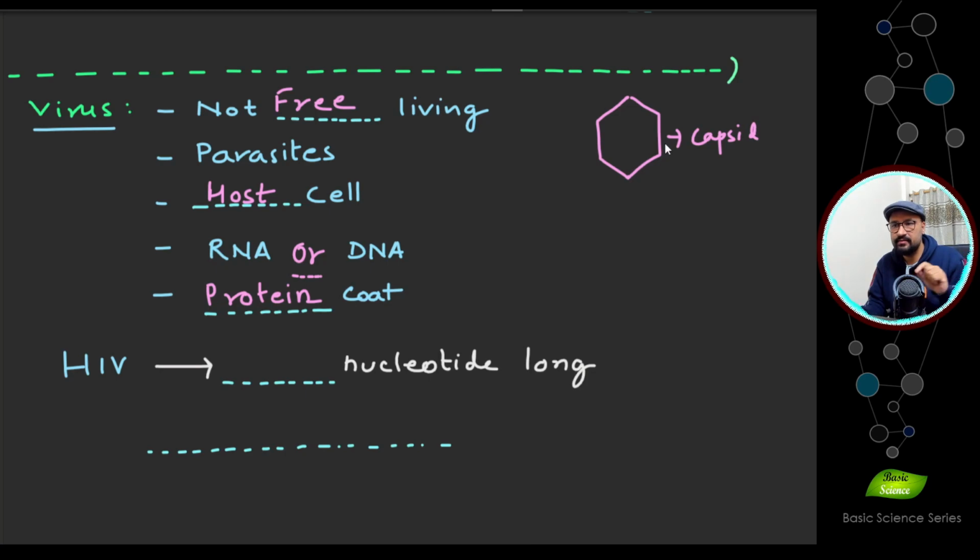This is made up of protein, and inside that you can have genetic material packed like this, and then obviously you will have a collar, and then tail fibers and so on, right? So this is the typical structure, and I will not go into the detail of the structure, but maybe in future we'll encounter this topic again and try to understand that.